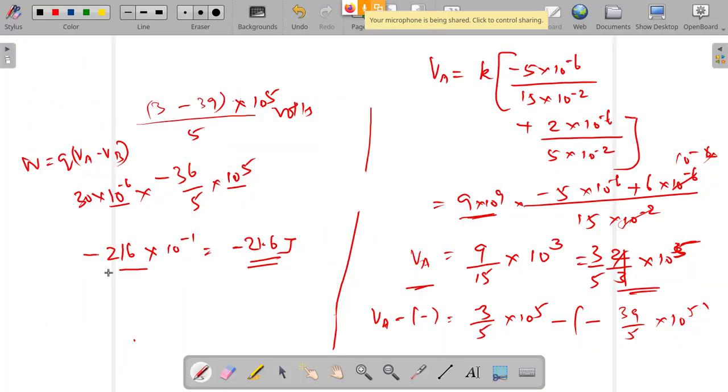So that is another method of doing the same problem. But the easiest one is to directly calculate the potentials and then multiply it by the charge. That way it is easier. Right. Let us move to the next question.